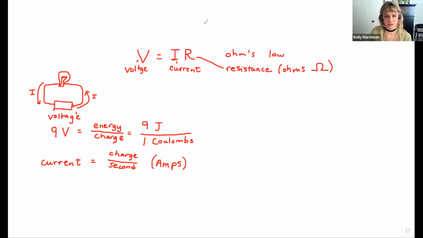Let me clear all my drawings. So what this is going to look like is you're going to have y and x. Voltage on the y-axis and current on the x-axis.